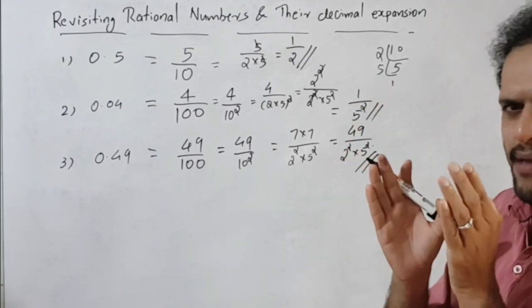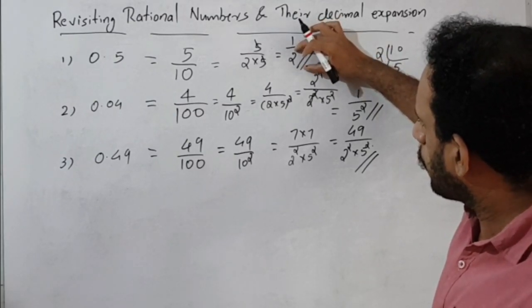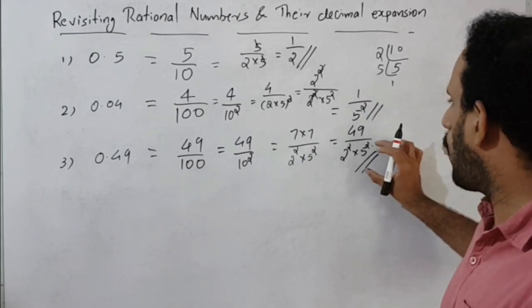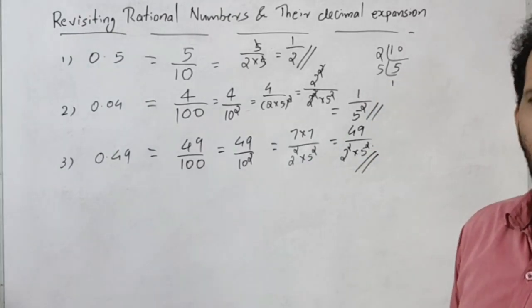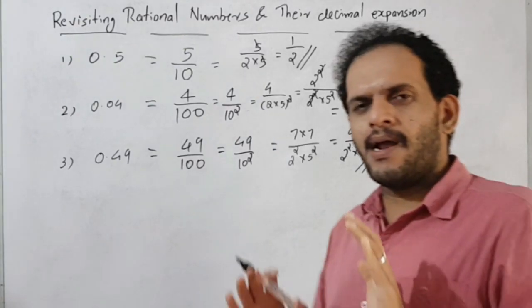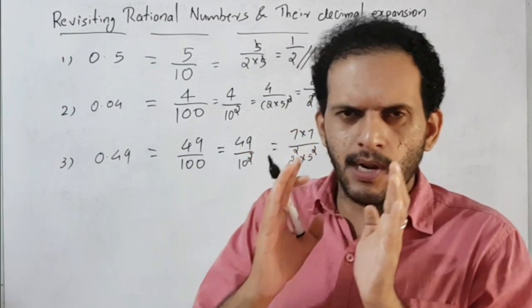Then after we cancel the common factor, there is something remaining only. What are they? Here the denominator contains 2, here the denominator contains the power of 5, here the denominator contains the power of 2 and 5. Correct? That means in the case of a decimal expansion, the decimal expansion is terminating.